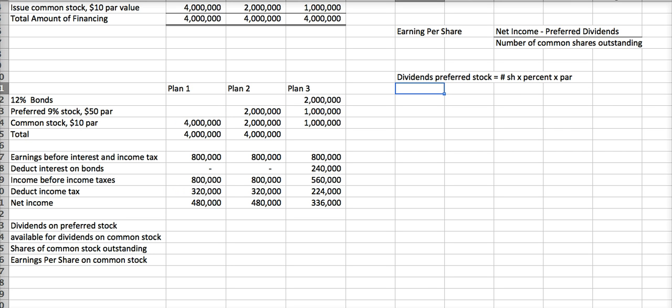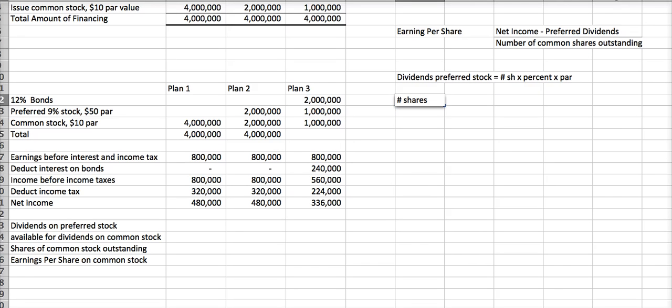We can see our percent and our par, but right now we can't see our number of shares. However, we can get that by saying 2 million divided by 50, because remember, we only ever put preferred stock down at par value.